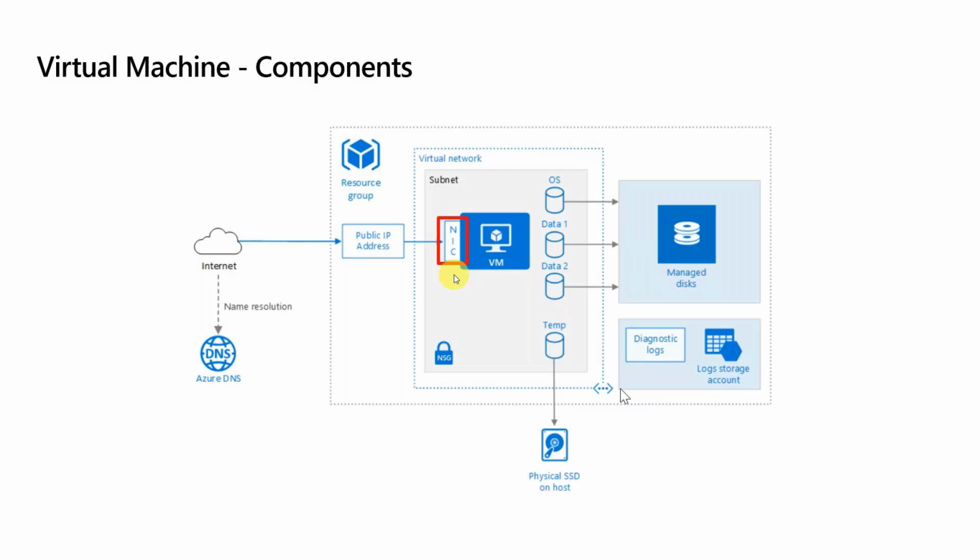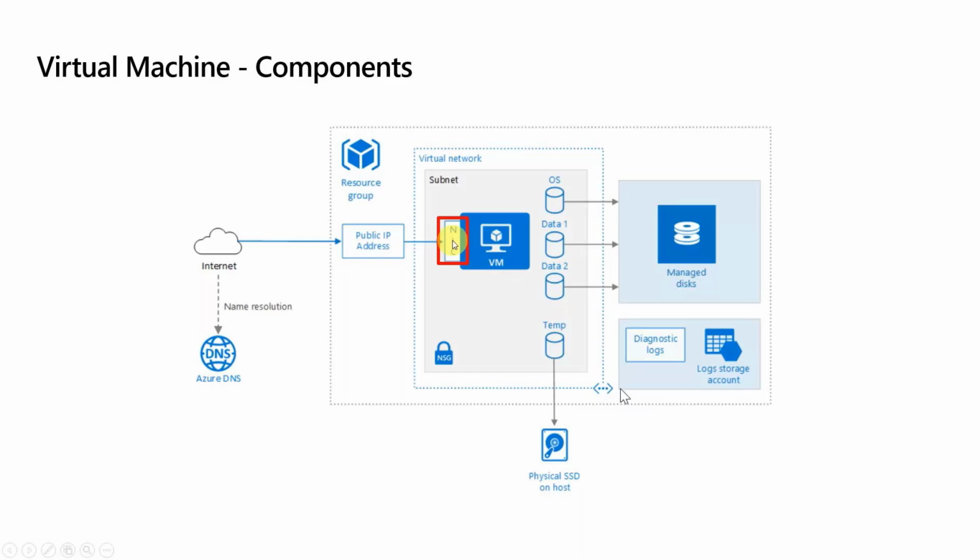Okay, so now the NIC card is the one which actually has the public IP address or private IP address. VM will not be assigned with an IP address or NSG. So VM will be connected to all this with the help of this NIC card. And one VM can have multiple NIC cards. That's also possible. Okay. So this NIC card plays an important role.